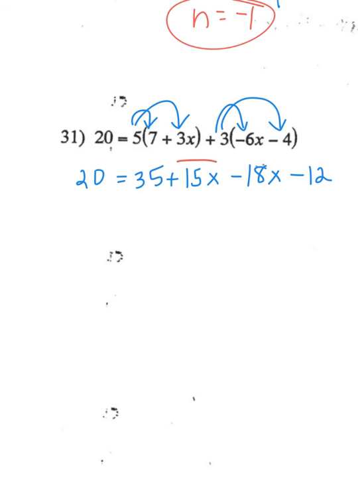Combine 15x minus 18x, negative 3x. 35 minus 12, and you'll probably be faster at this than me in your head. 23. Positive. 35 minus 12.